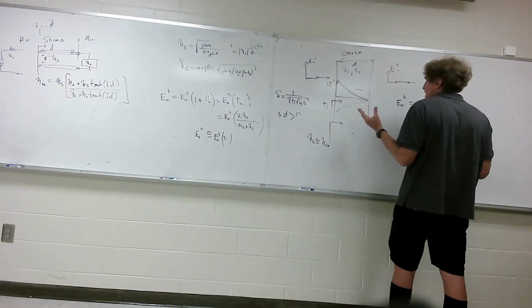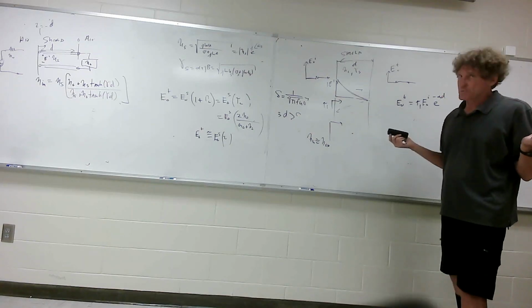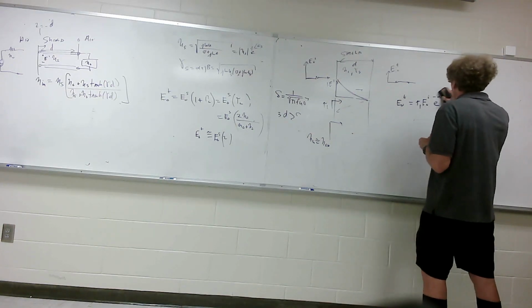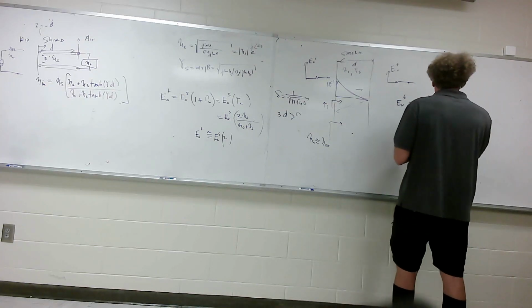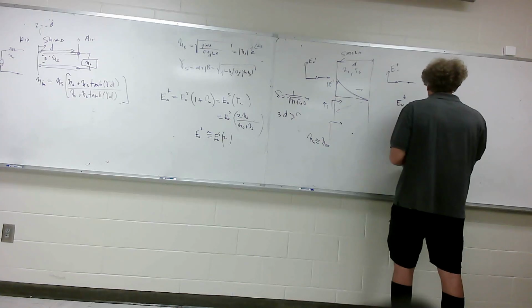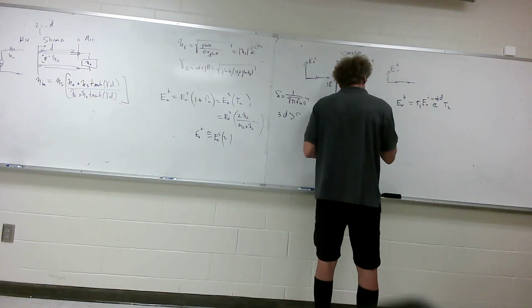In his book, he'll use gamma, but gamma is just, it has j beta, but beta is just a phase. We don't care about that. We care about magnitude. So it's e to the minus alpha, even clearer here. So it's going to be e to the minus alpha of the shield times d. And then it's times the transmission coefficient here, which is tau 2.